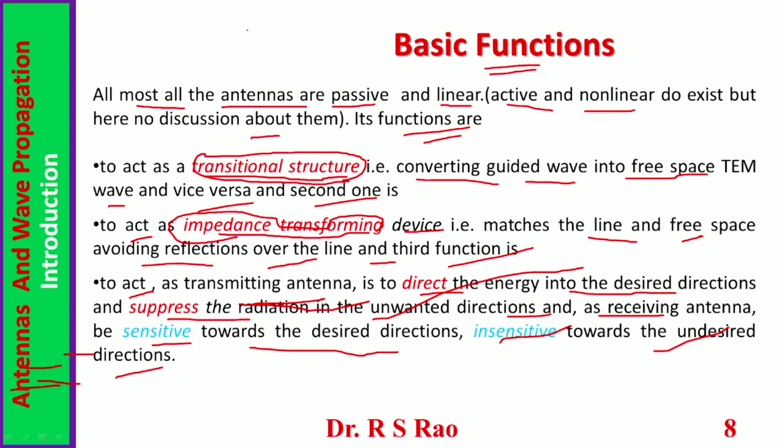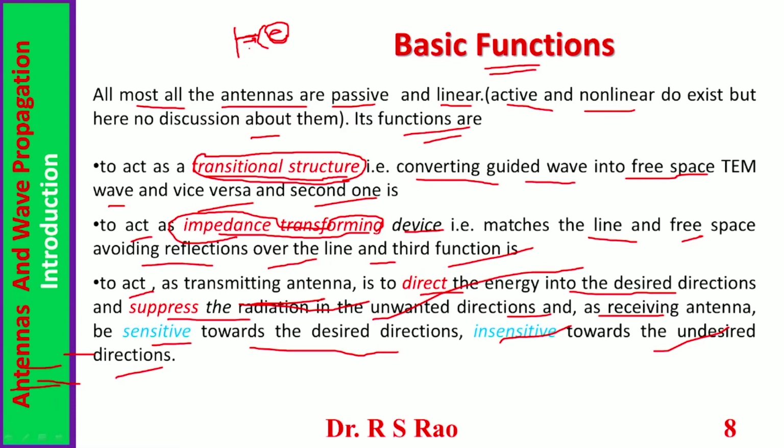What it says is, consider a transmitting antenna. Here, input is coming to the antenna from the transmitter, and the antenna then emits the wave into space. This is space. So input is from a coaxial line, output is into space. These two are different media. Coaxial line and space are different media.